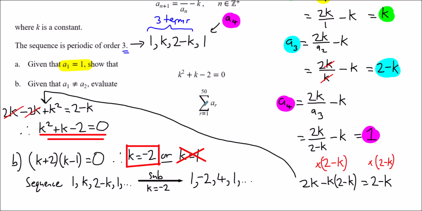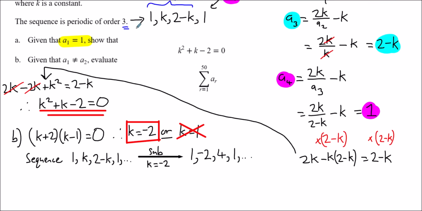So we need the first 50 terms. This repeating block of 3, how many 3s can I fit into 50? That's going to be 16.